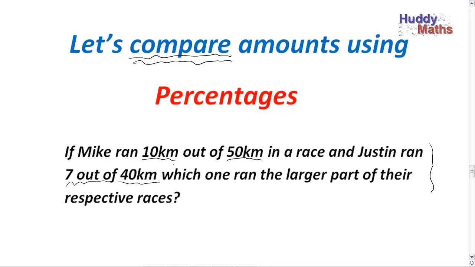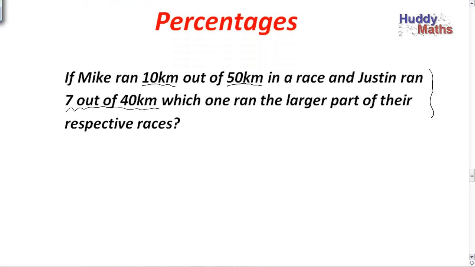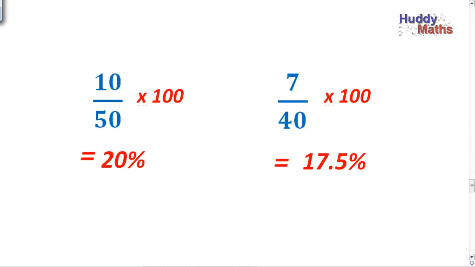So you might say, well, who ran more? What part of their race did they complete? Who ran the greater proportion of their race? How would you do that? Well, of course, you could convert to fractions. Mike ran 10 out of 50, and Justin ran 7 out of 40 kilometres.